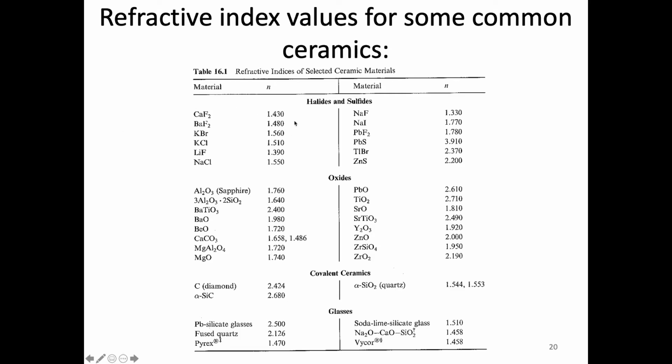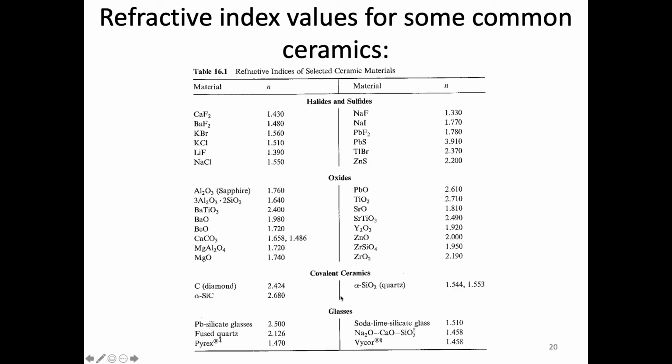So the ones over here, which are fluorides or chlorides or bromides, are all pretty close to 1. Here, this zinc sulfide goes up to 2.2, and then this lead sulfide almost 4. So those are quite high. And then oxides down here are pretty much from about 1.5 up to about 3.